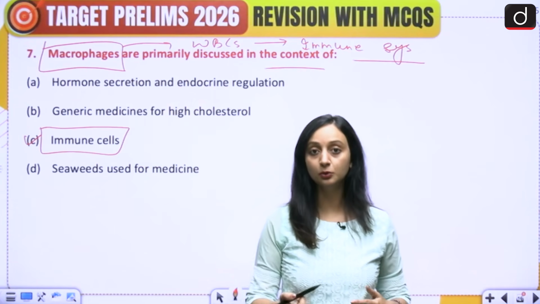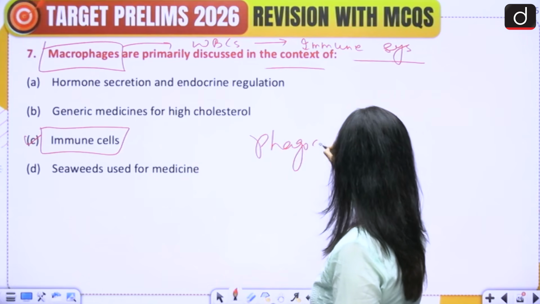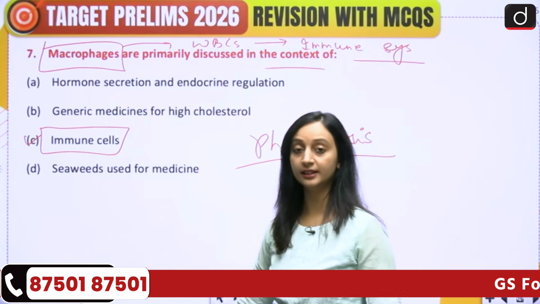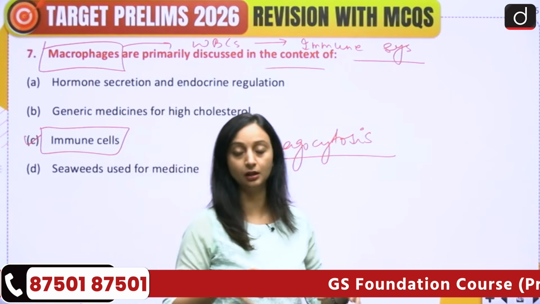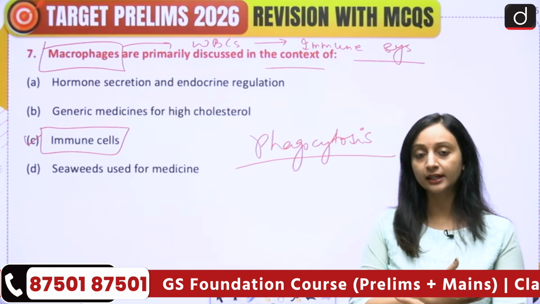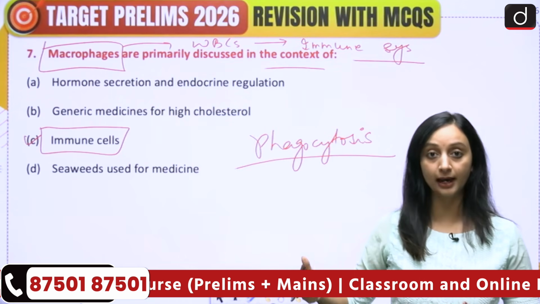So what do they do? Phagocytosis. They engulf the pathogen. They eat up the pathogen or any foreign element that is trying to come in. It's not producing any specialized antibodies.